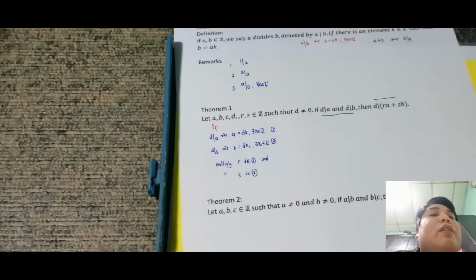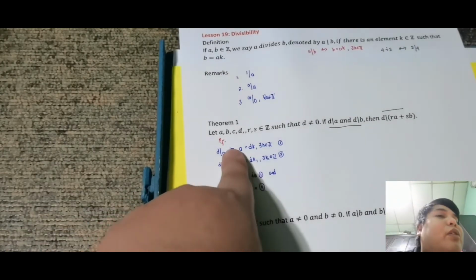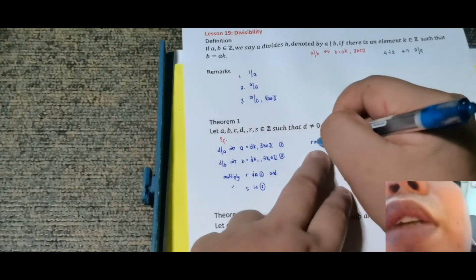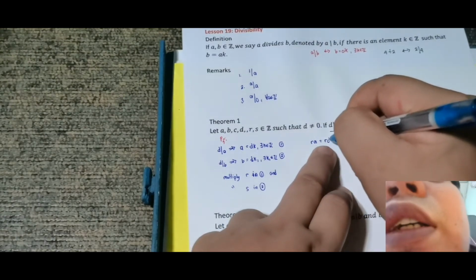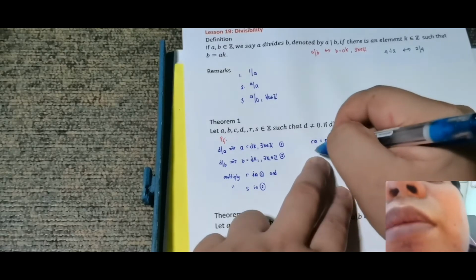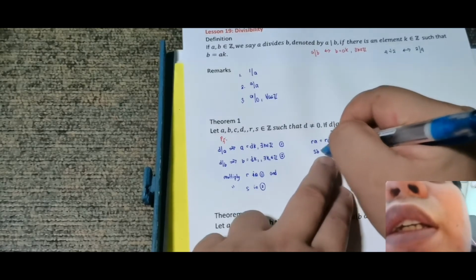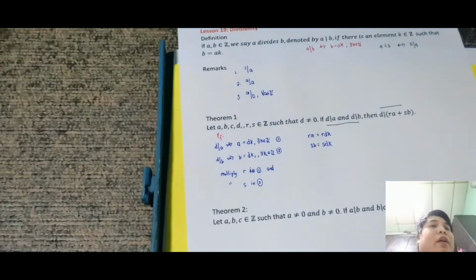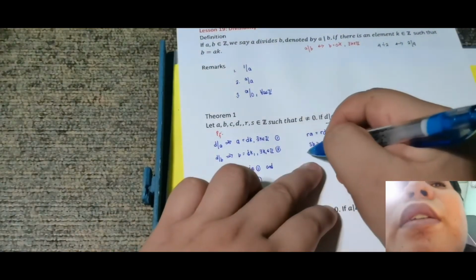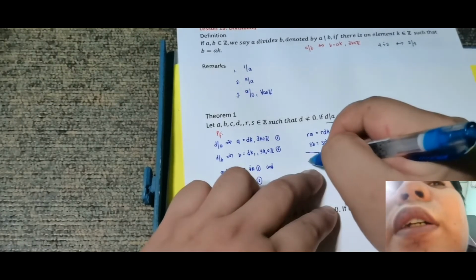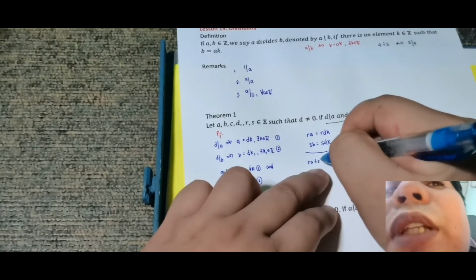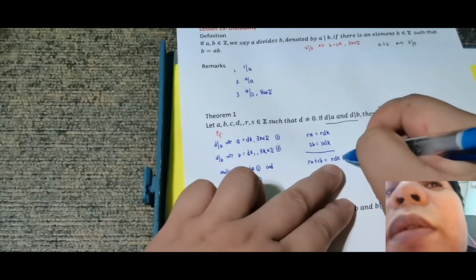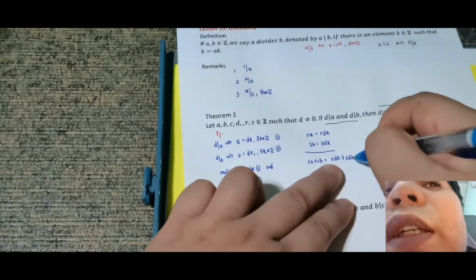Ganun yung mangyari. Nung minultiply ko, magiging RA, so we have RA is equal to RDK. Yung isa naman, we have SB is equal to SDK sub 1. Note na kunin natin yung sum niya. Pag kinuha natin sum niya, RA plus SB is equal to RDK plus SDK sub 1.